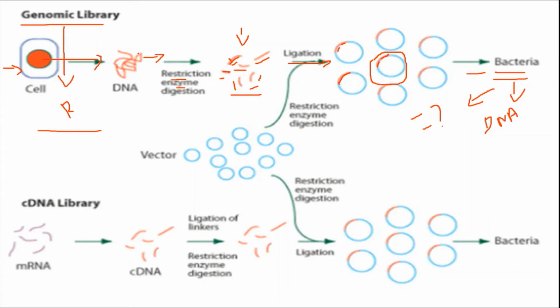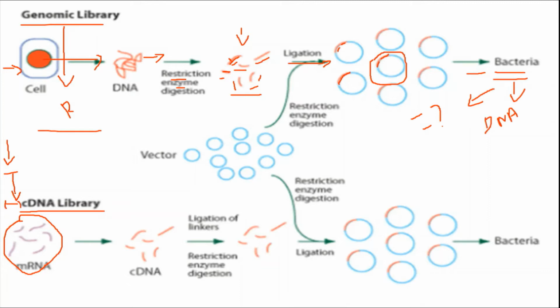Similarly, the cDNA library. This library is constructed from mRNA. Already I told you the total mRNA is isolated from a given cell. The total mRNA is once again purified to a single mRNA by using affinity chromatography.